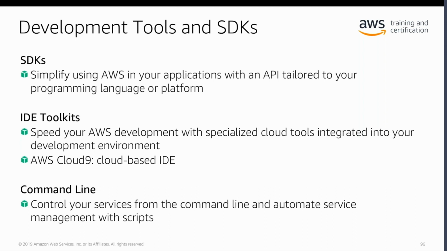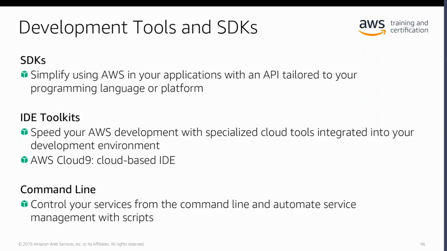There's a number of IDE toolkits that will snap into popular development environments like the .NET development environment or Eclipse or PyCharm as well. We also have our own IDE that runs in the cloud called Cloud9. We have a number of command line tools like the AWS command line to allow you to automate certain services with management scripts.